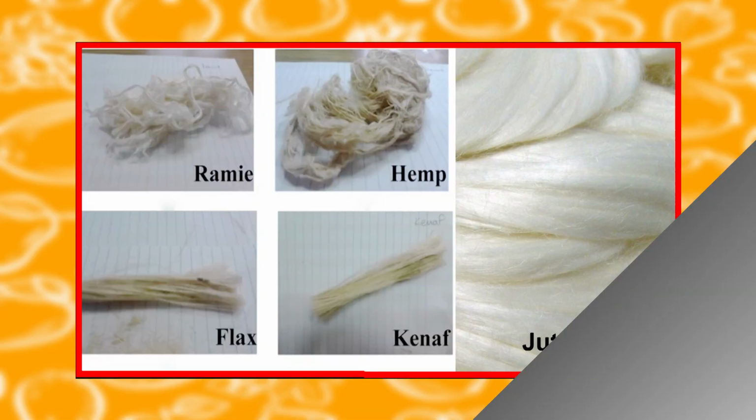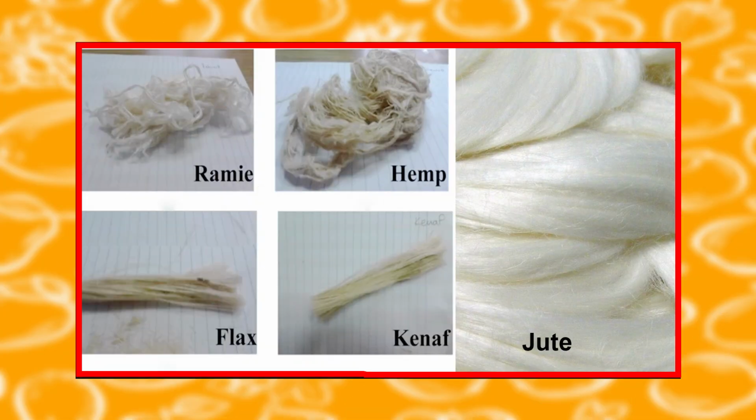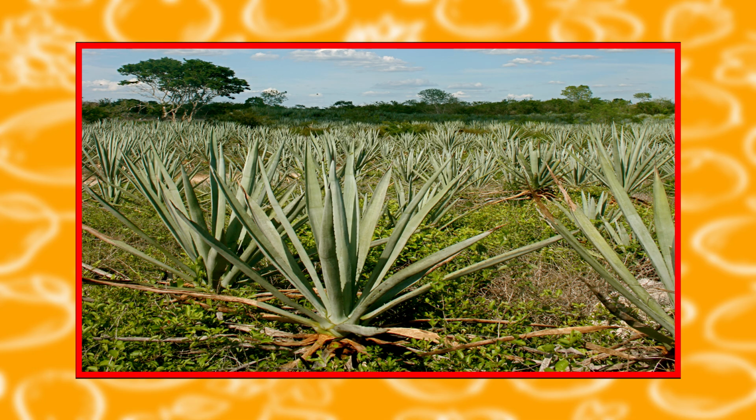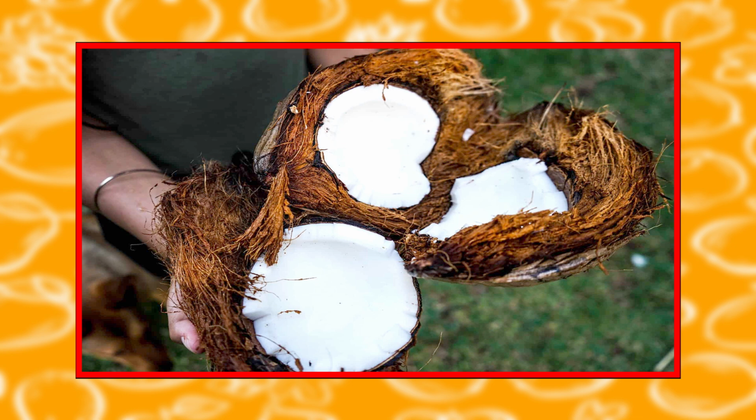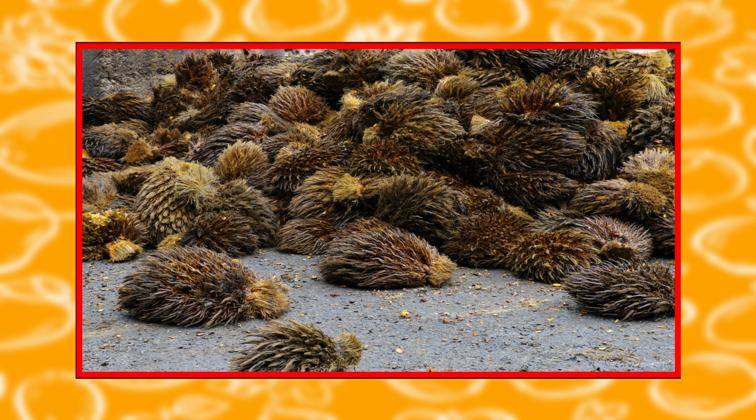Mechanical fiber bundles or bast fiber bundles up to 300 millimeters in length are extracted either from plant stems, for example hemp, jute, flax, kenaf, ramie, or from leaves, for example sisal, henequen, pineapple, or fruiting bodies, for example coir and palm empty fruit bunch.